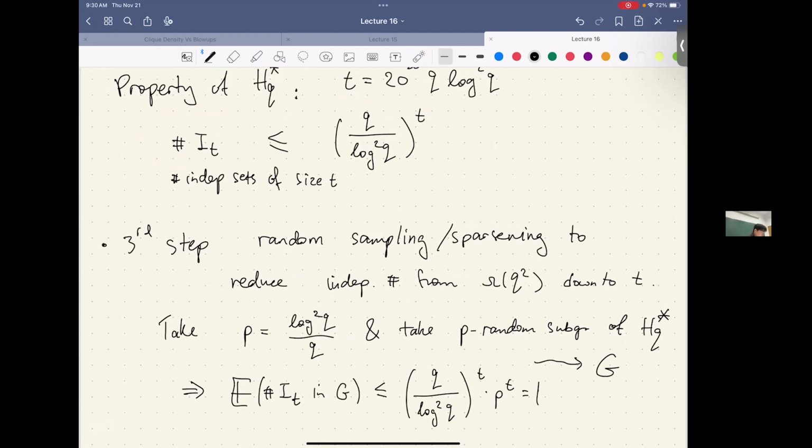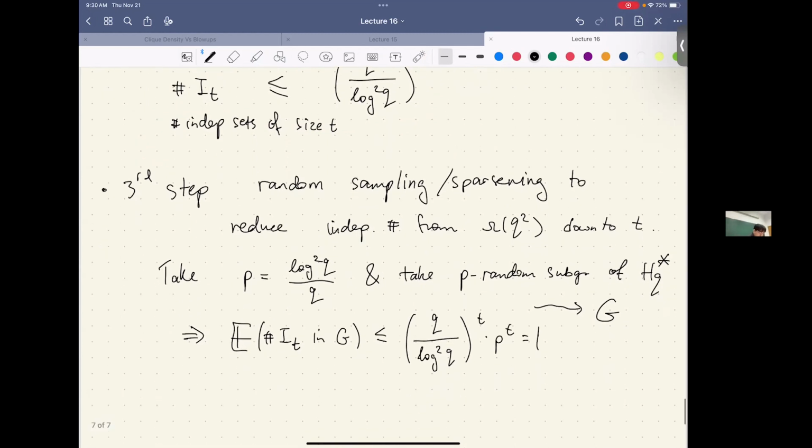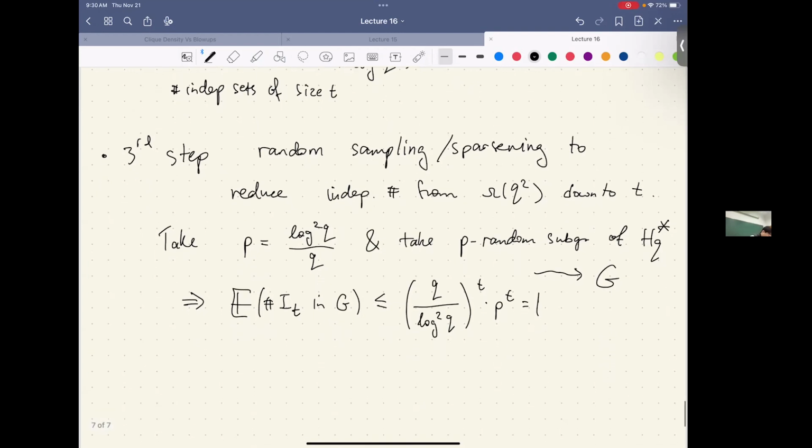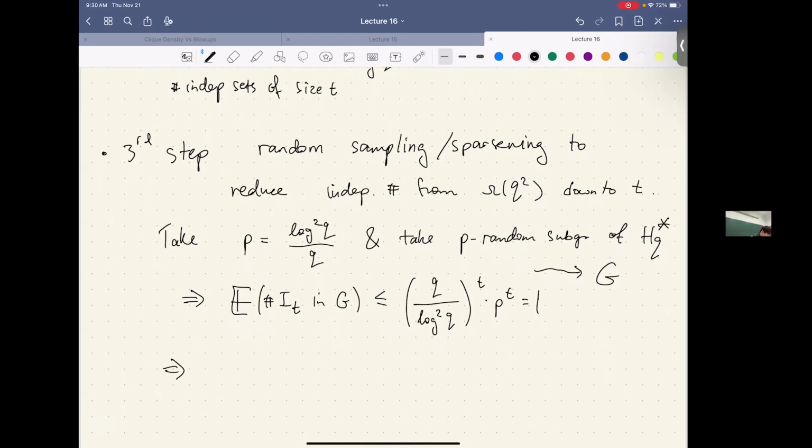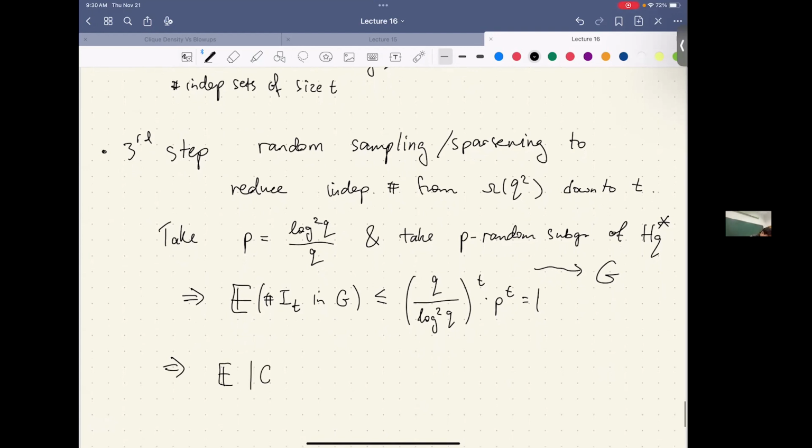So that means there exists... okay. So let's look at the expected value of the number of vertices in G minus this quantity. This is then at least the number of vertices, exactly P times N, minus the expectation, which is at most 1, as we computed.